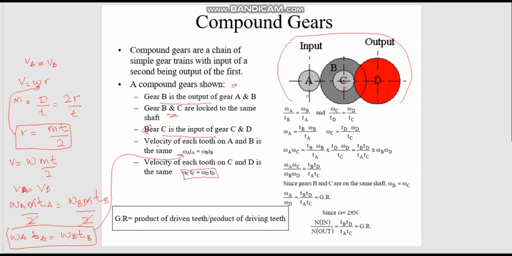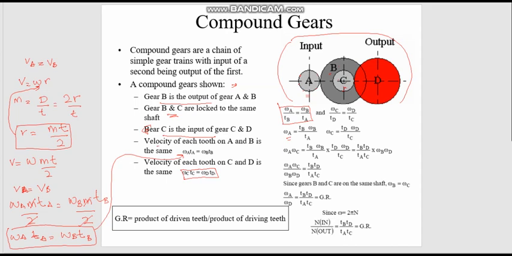So based on this, we can rewrite this equation saying that omega A over TB is equal to omega B over TA, and we can also say that omega C over TD is equal to omega D over TC. Then we can solve: omega A equals TB omega B over TA, and omega C equals TD omega D over TC.